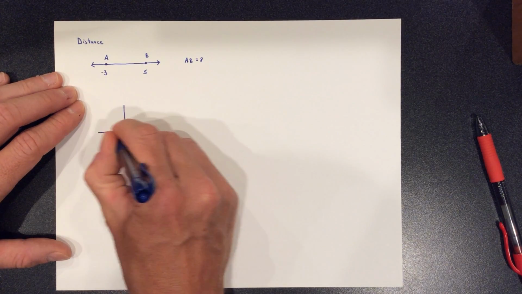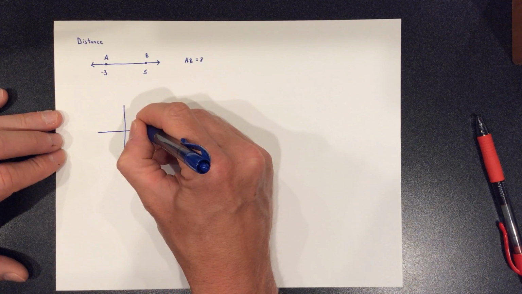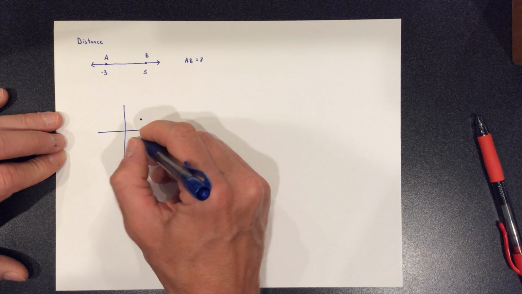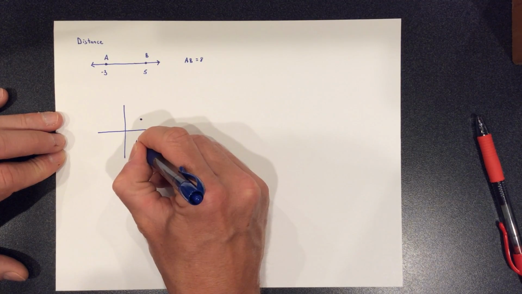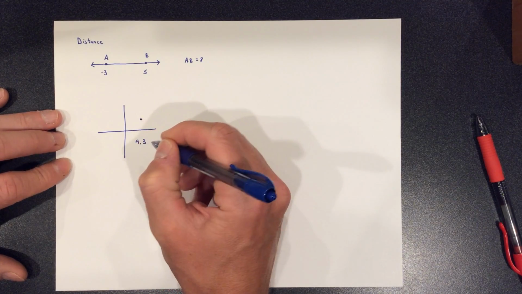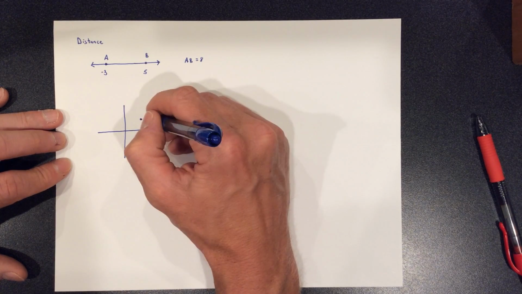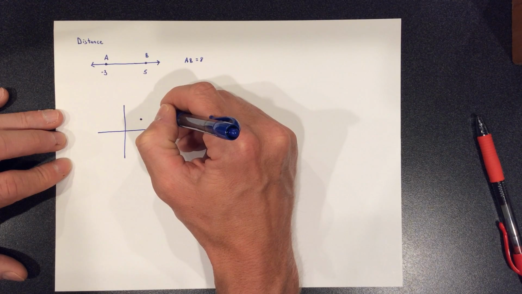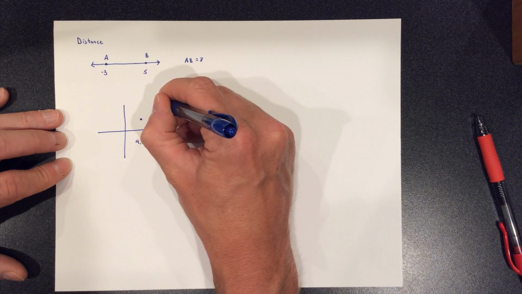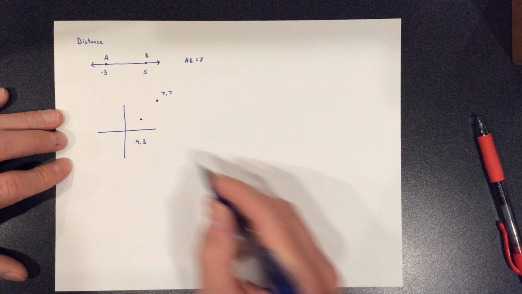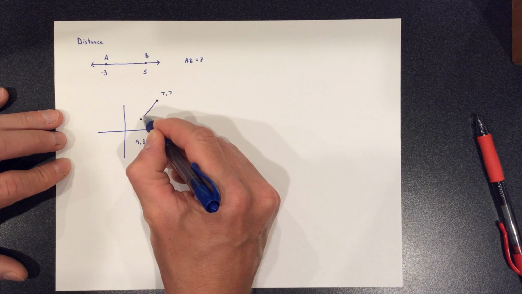Now let's do 2D. Let's take this particular point right here, and I'm just throwing it out there. It looks like (4, 3). And then over here, let's say I'm at, what do you think, (7, 7)? Let's say that. And I want to know this particular distance.